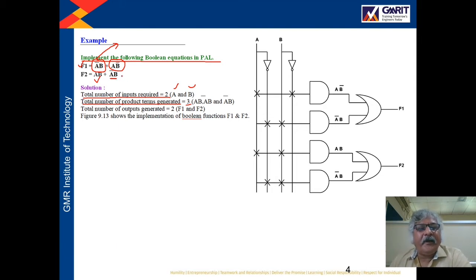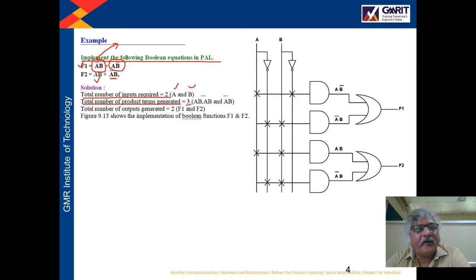But in PAL, if the same product term is repeated, we need one additional AND gate for this product term. Whereas in case of PLA, if the same product term is repeated in another expression, we don't need a separate AND gate.